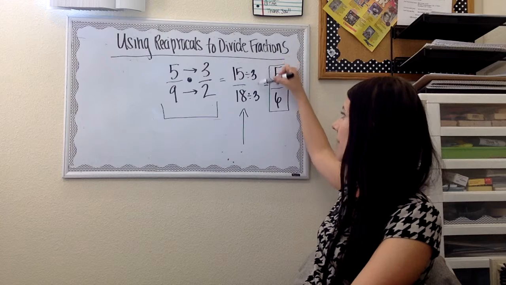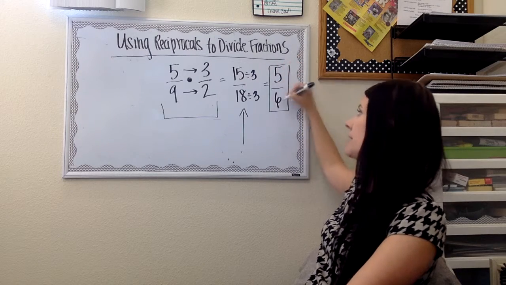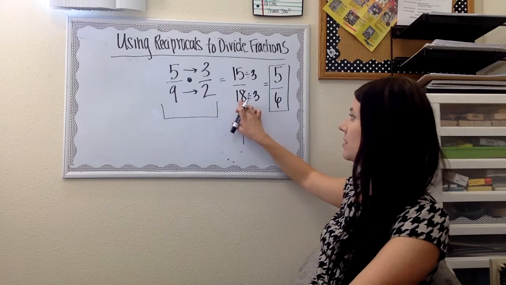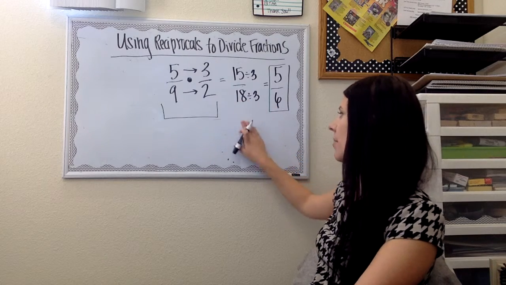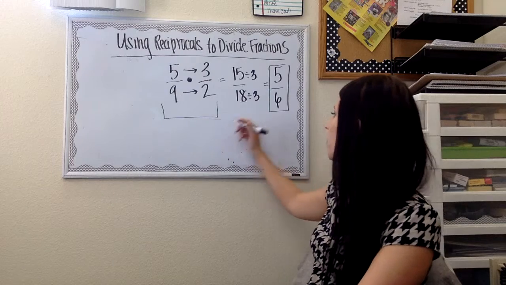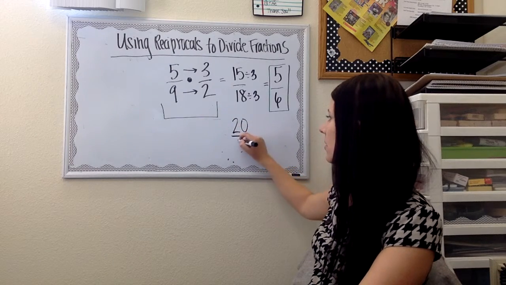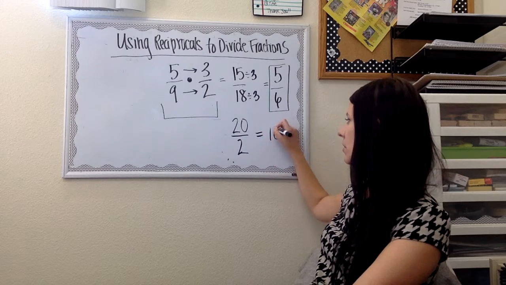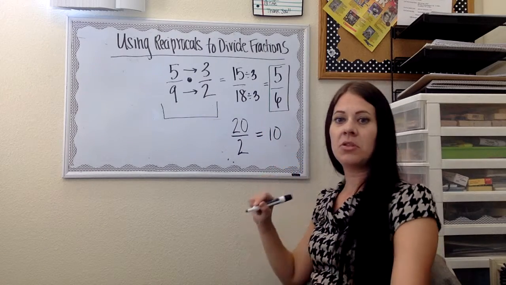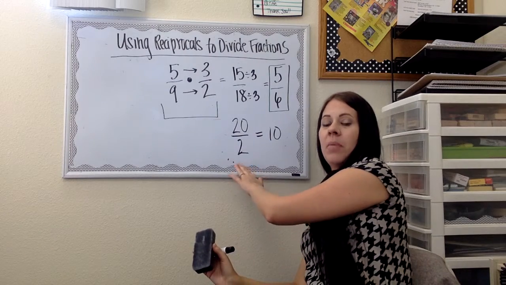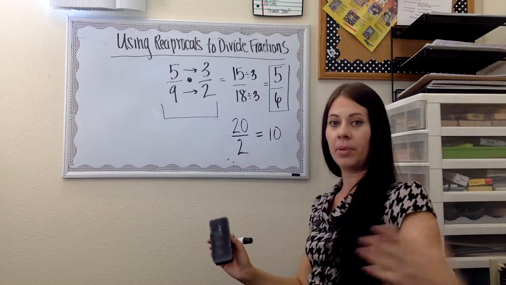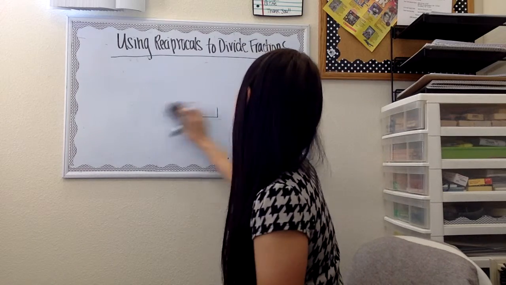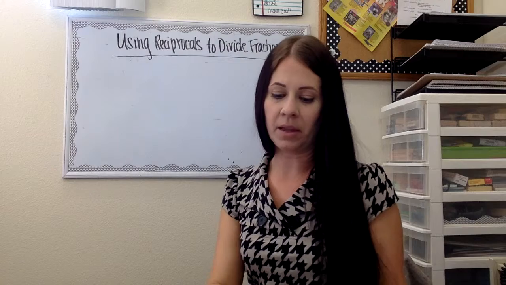Either dividing the top and the bottom by a GCF and getting a reduced fraction, or sometimes this fraction, just as an example, could be something like this, where you're just outright dividing 20 divided by 2. Okay, so sometimes you're going to see where it ends in this division problem and you need to finish out the problem.